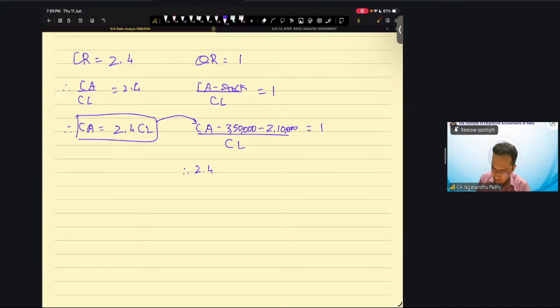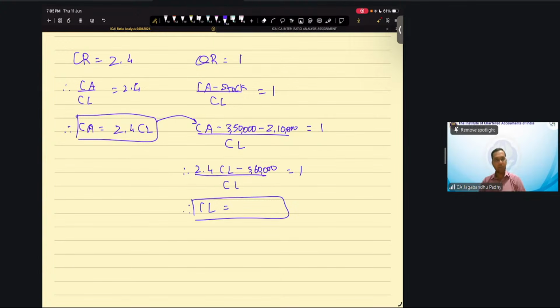So we'll have 2.4 current liability minus 5,60,000 upon current liability is 1. I think you should be able to solve this and get the value of current liability. Give me the value of current liabilities from this.